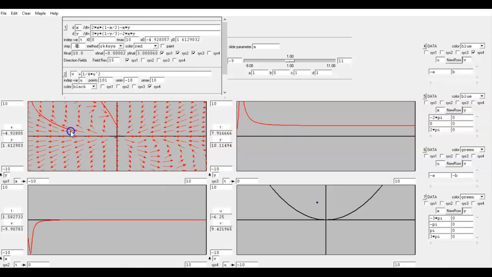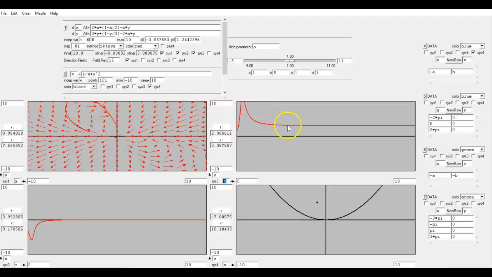So you can see that depending on where I click the initial condition, in here we kind of saw these loops. And here we have the x-axis and here we have the y-axis. And then here on the right we have y versus time. And you can see what y does for that initial condition. y kind of hops up from a small positive value, hops way up here, and then the y value starts to descend back down.